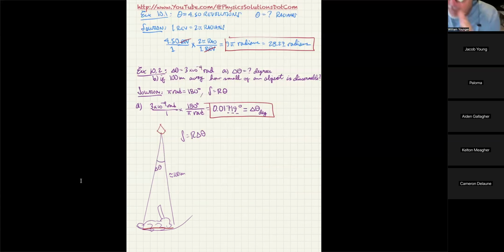But you can see if that angle is really small, then this chord length is really close to the arc length. So we're going to say chord length is approximately equal to arc length for delta theta small.